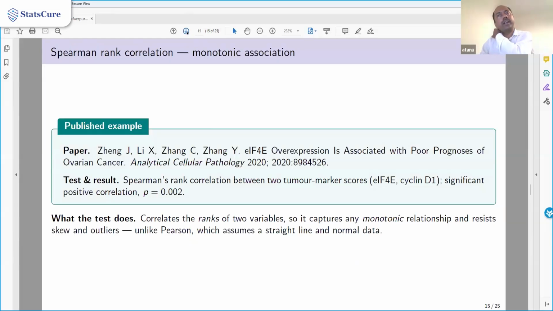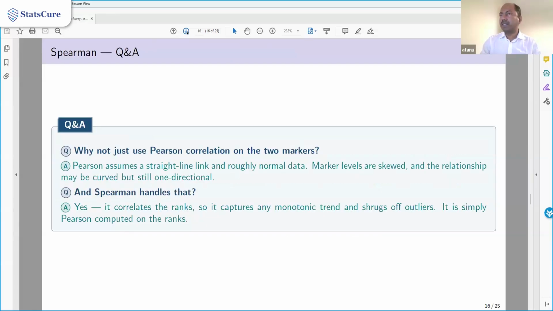You can check this article, and then Spearman rank correlation. We quite often use Pearson, but Spearman rank correlation between two markers also makes sense, because once we have skewed data, we use Spearman rank correlation rather than Pearson correlation. Why not Pearson?